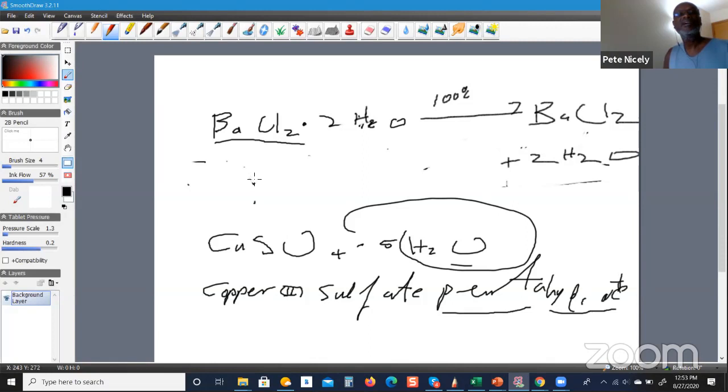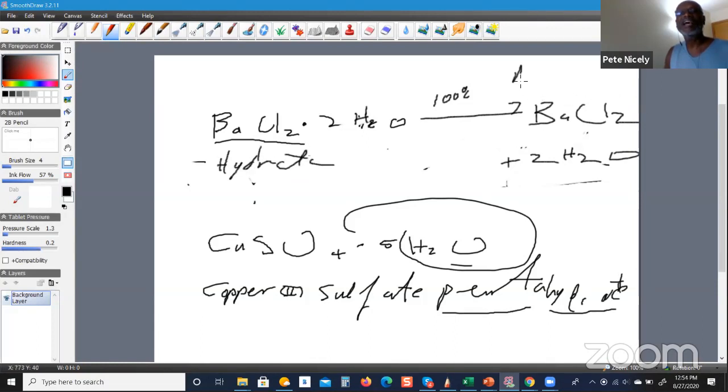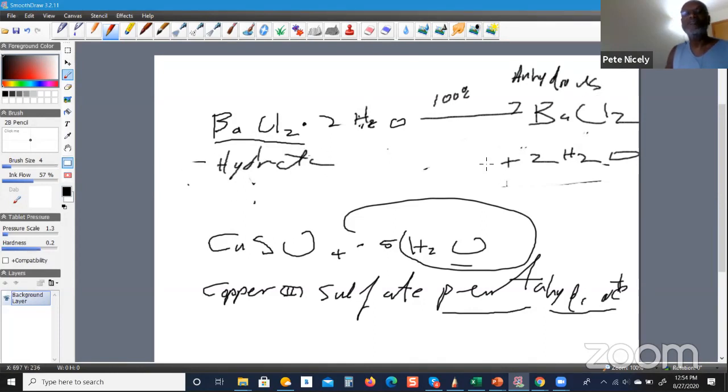This form is called the hydrated form, as we said before. And this form here is called the anhydrous form. So when you heat the hydrated form to 100 degrees long enough, you end up with the form without the water, which is called the anhydrous form.